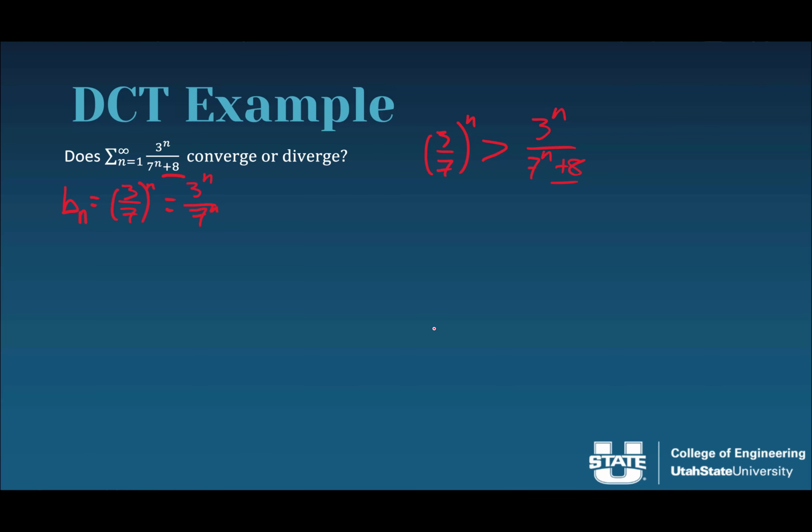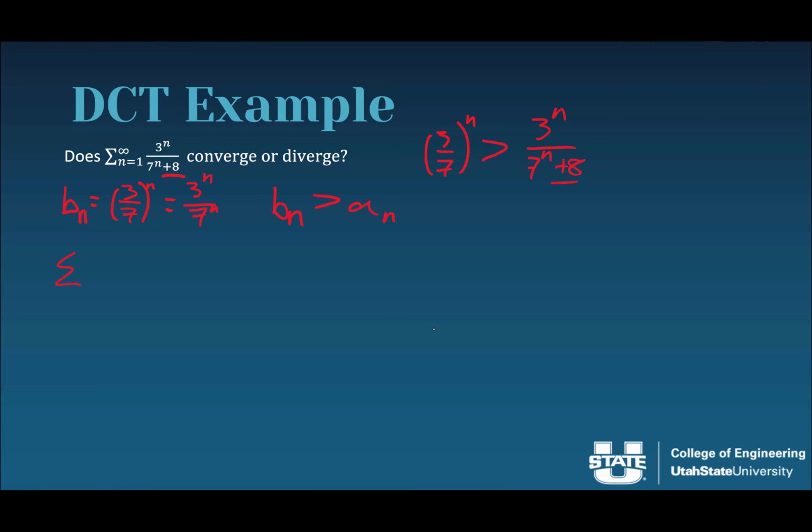I'm just distributing that exponent, okay? And like I just proved, we know that b sub n is going to be greater than a sub n in this case, right? My 3/7 to the n is going to be greater than 3 to the n over 7 to the n plus 8, right? Just slightly, just slightly.